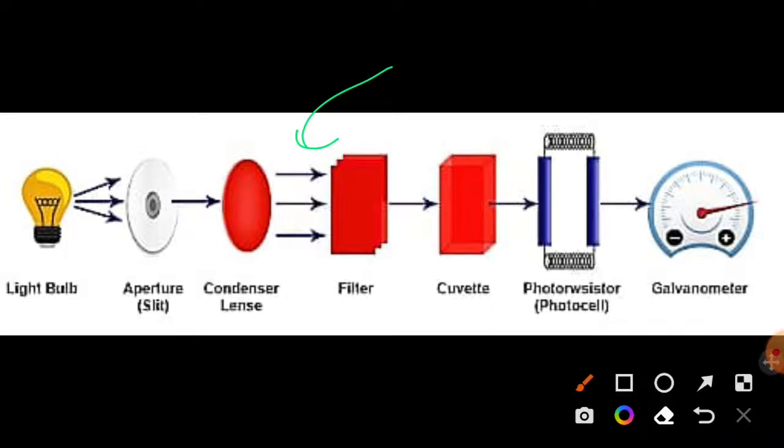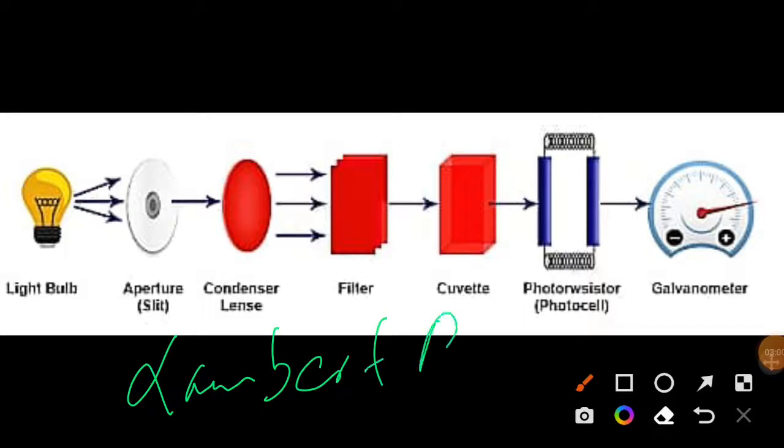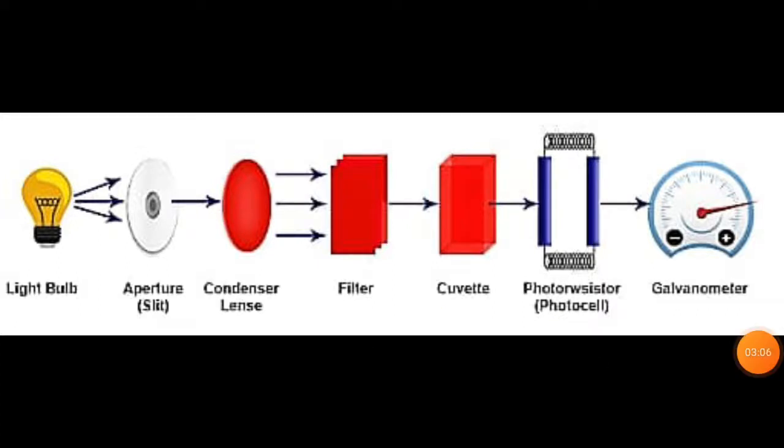The rest of the thing is exactly the same as we understood in absorption spectroscopy. That means the entire thing is based on the Lambert-Beer law, which I told you about in the first video. So let's talk about the instrumentation, although I will also give a recap of the Lambert-Beer law here.